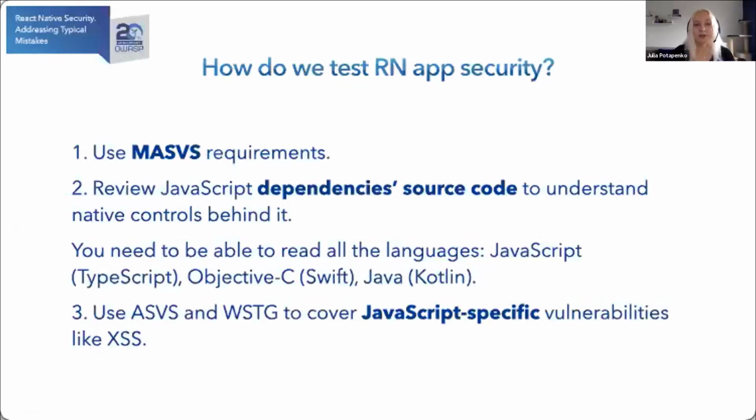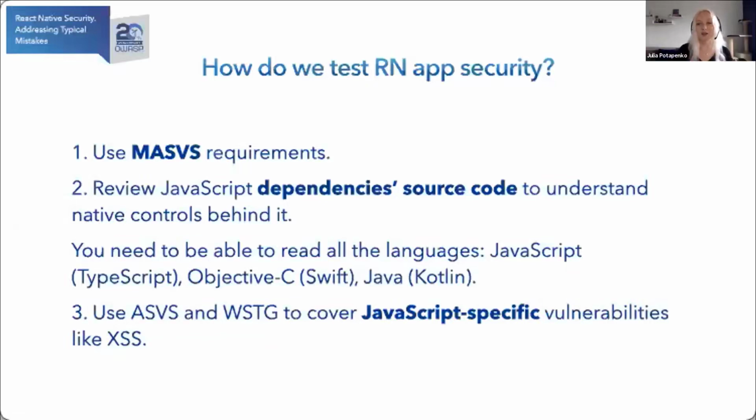Then, as I mentioned before, we need to take a closer look at dependencies. We need to take the JavaScript code of dependencies and the code written for the React Native application by us and look deeper to understand what native APIs it uses, what security controls it uses. So it requires more effort here, to go deeper.